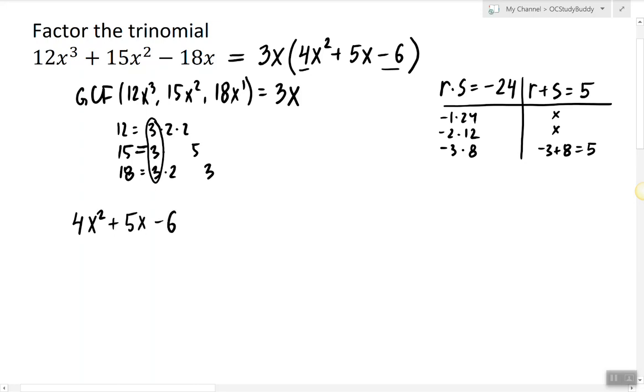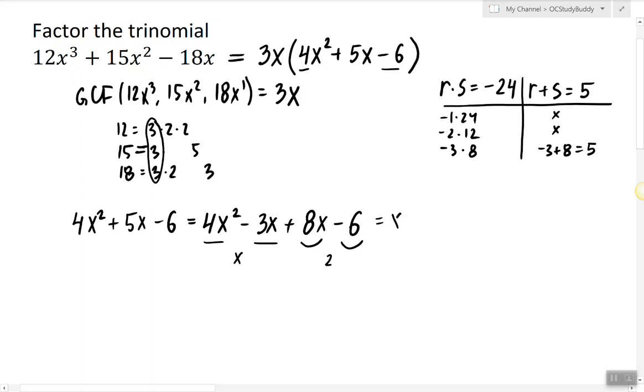Since this is a trinomial with the leading coefficient not equal to 1, we are not going to factor it right away, but we're going to use the two numbers that we found to rewrite the middle term into the sum of two terms, and then we're going to proceed by grouping. 4x squared and 3x have x in common, 8x and 6 have 2 in common.